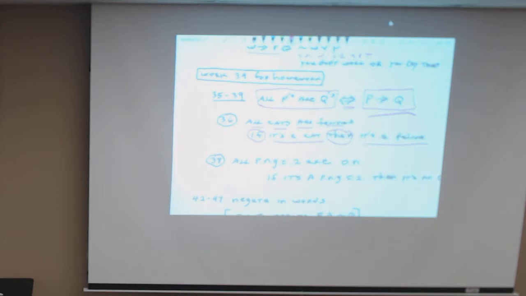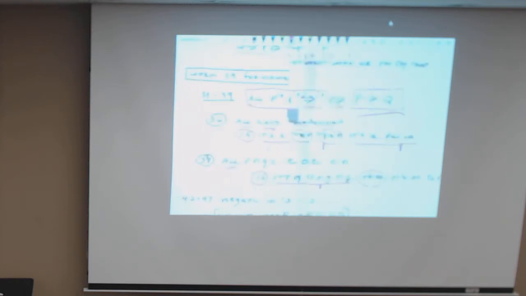If I was going to do it symbolically, I would go, if it's a cat, then it's a feline. You follow that? But that's not what they asked for. Number 38. All prime numbers greater than 2 are odd numbers. So, if it's a prime number greater than 2, then it's an odd number.